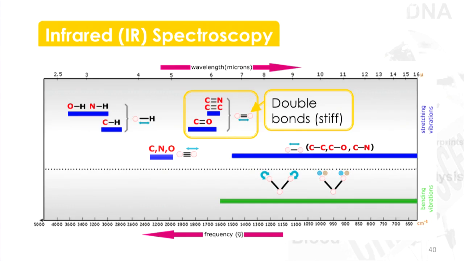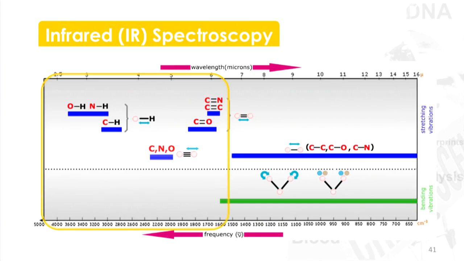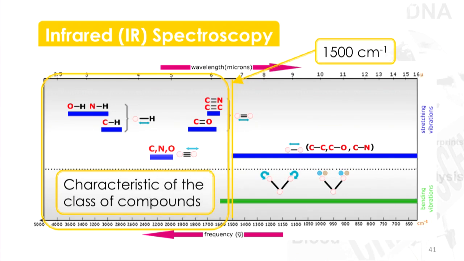You'll notice that all of these are in the left-hand part of the spectrum. They're all above 1,500 wave numbers. This region of the spectrum is characteristic of the class of compounds. So the information from the part of the spectrum above 1,500 wave numbers tells you about the class of compounds to which your sample belongs.